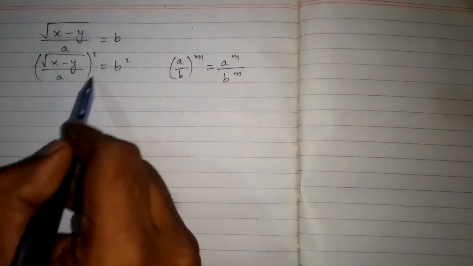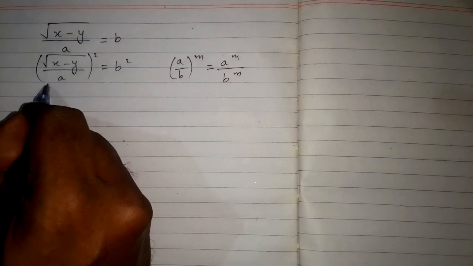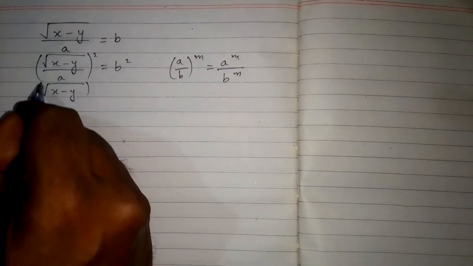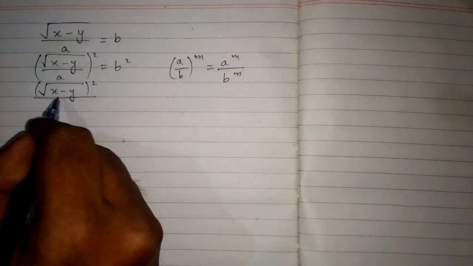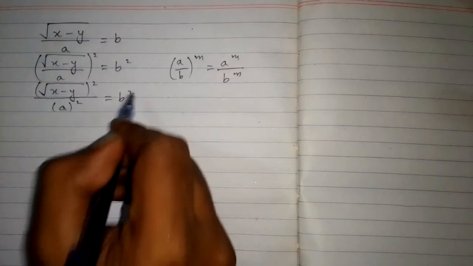So here we are squaring a fraction, so we will apply square on both the numerator and the denominator. So we have square root of x minus y upon a square is equal to b square.